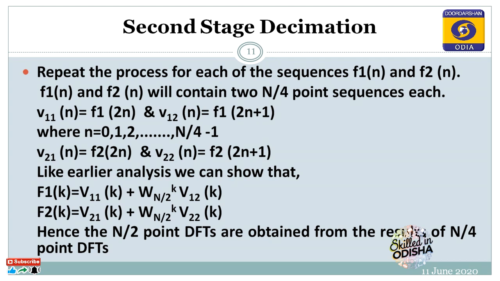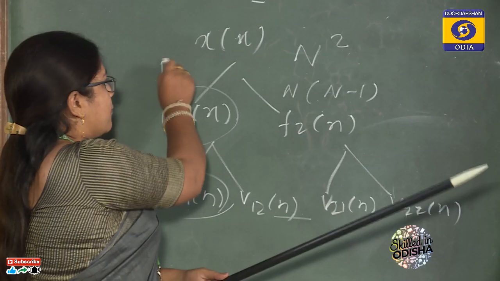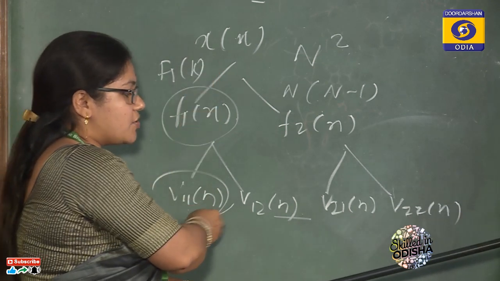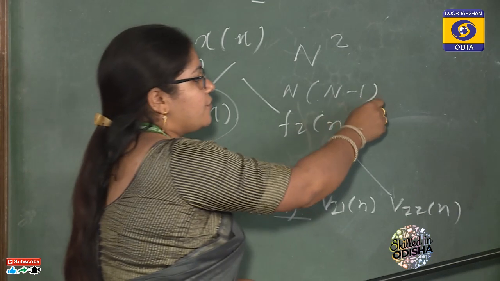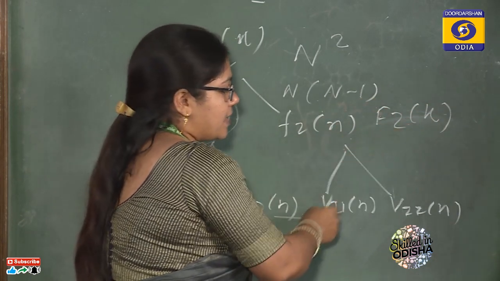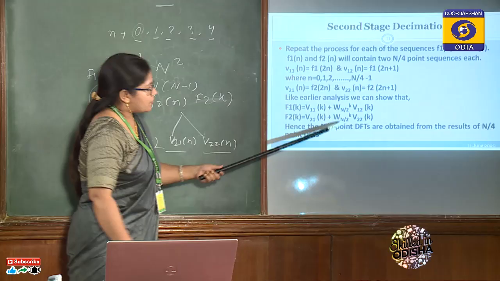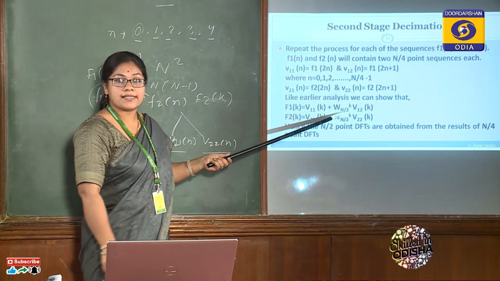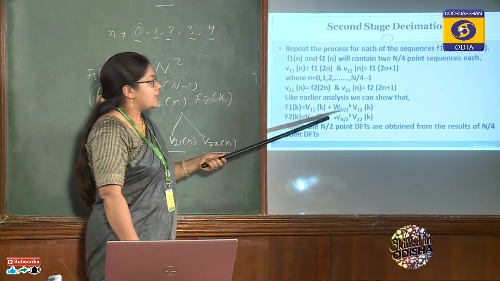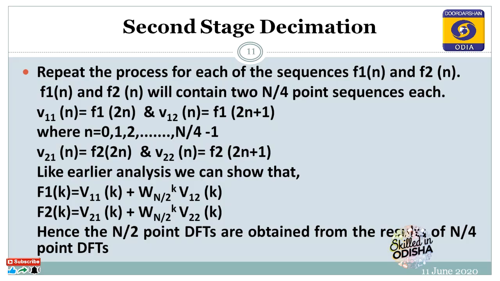Using that conclusion, we can also write F1(k), which is the DFT of f1(n), as a summation of these two. Similarly F2(k), which is the DFT of f2(n), can be written as a summation of this and this. But remember, since this is the second stage decimation, in the twiddle factor the index will be N by 2.